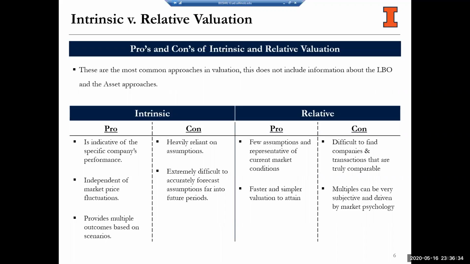Another thing that we focus on is the multiples are often determined by the market psychology. At the recording time of this video, coronavirus and COVID-19 is at large. We are currently seeing the impact of COVID on the greater economy. So all of the multiples and the relative valuation have seen a significant decrease in value just due to the market sentiment.